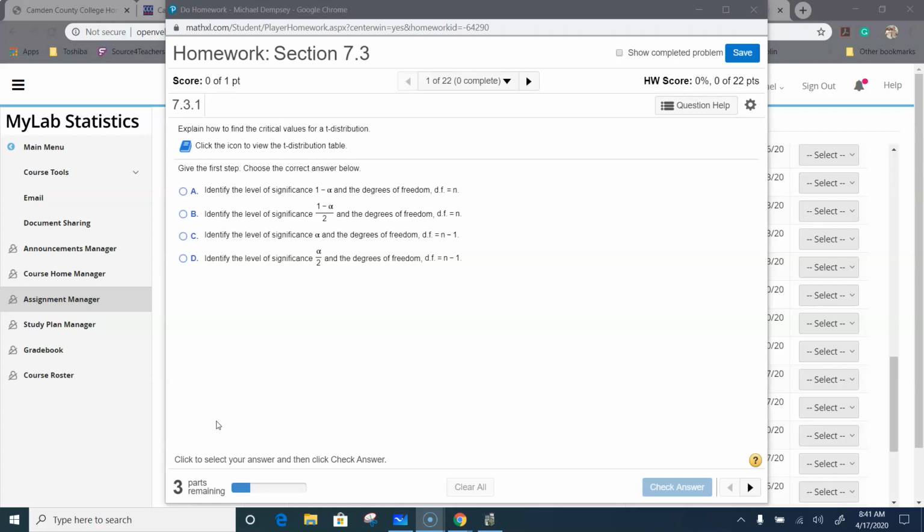So we're going to review a little bit of the t-distribution. Explain how to find a critical value for a t-distribution. For the t-distribution, what we would need is alpha, the significance level, and our degrees of freedom. That's it.